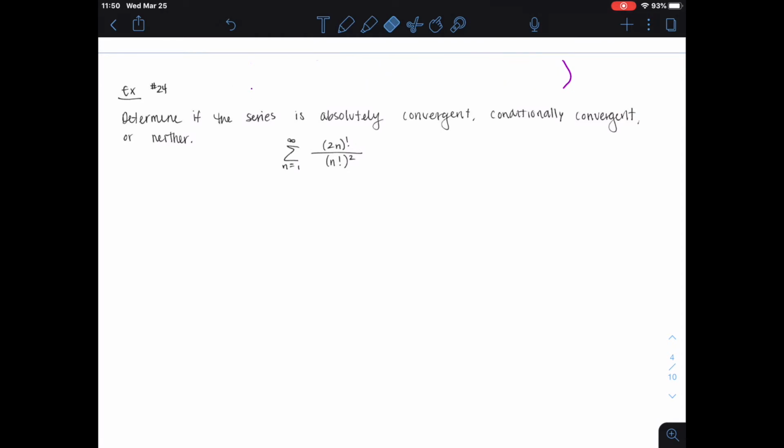So if you look at a specific example with a number, like 3 factorial is 3 times 2 times 1, 5 factorial is 5 times 4 times 3 times 2 times 1. And the nice thing is, if you take off this 3, you're left with 2 times 1. That's the same thing as 3 times 2 factorial. Over here, you've got 5 times 4 times 3 times 2 times 1.